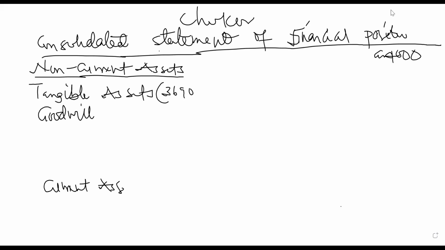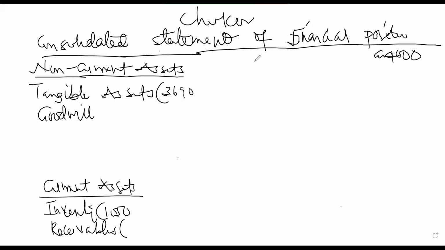Then you have current assets. Okay. So the current assets, we have the inventory. The inventory, that of the parents, is how much? 1050. Subsidiary, you have the receivables.